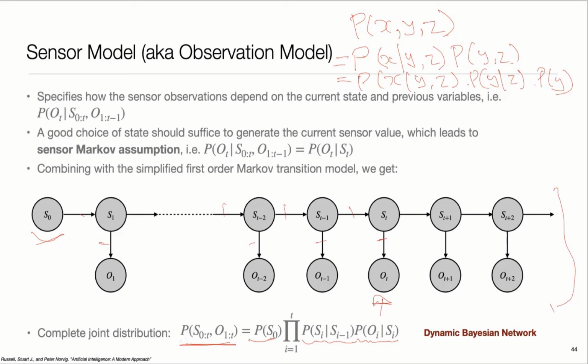Remember, our original formula, P of X, Y, Z, the analog out here would be a joint distribution over 2t plus 1 variables. And if I were to do it this way, it would be horrendously hard, right? Lots and lots of terms, and I'm not exploiting the structure in any way. This way, once you have the graph, you can exploit the structure very easily by just following the arrows.